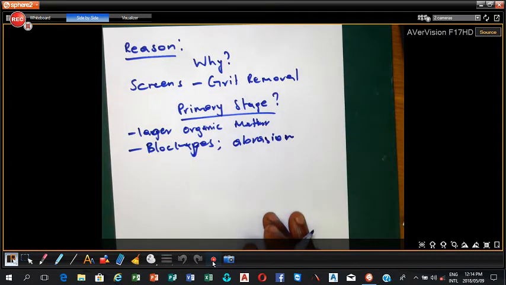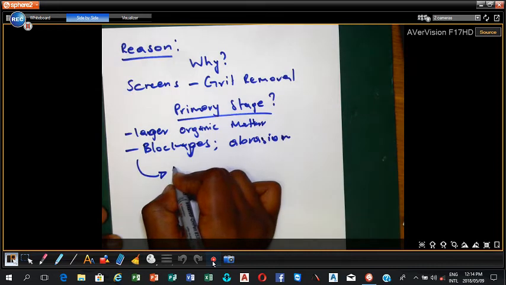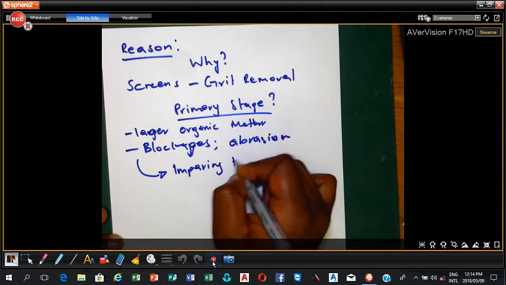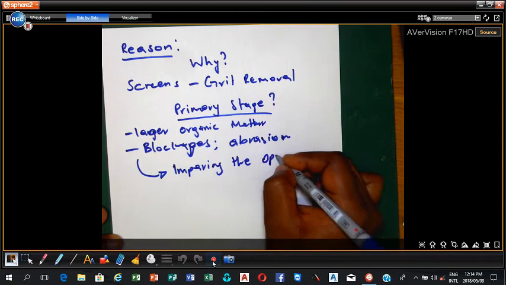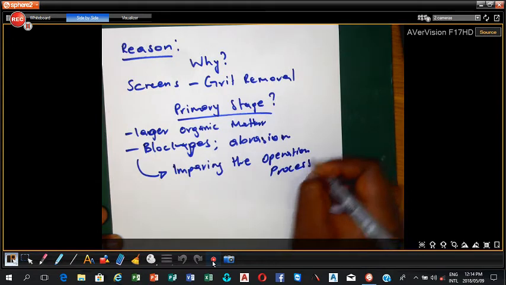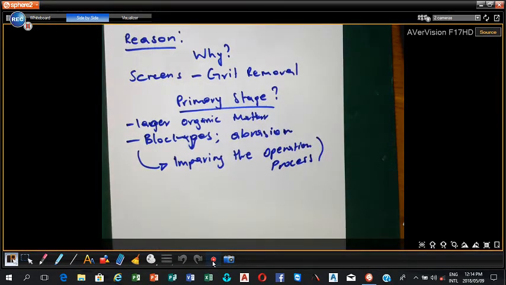If you've got blockages and abrasion, this will result in impairing the treatment operation process. Your treatment stages will no longer reflect the same quality effluent as it was supposed to reflect.